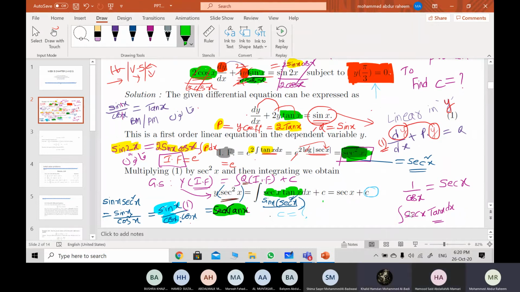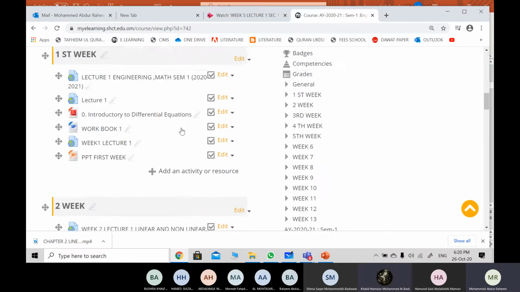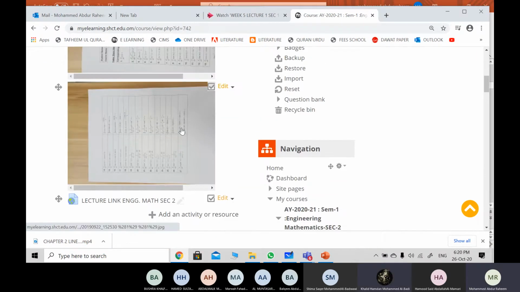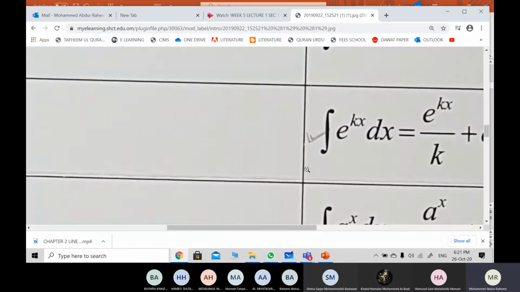Now, integral of secant x tan x is the rule. What is the rule? Here I kept the rule. Even you don't remember. Where is that?